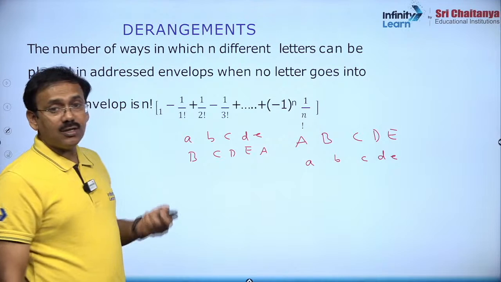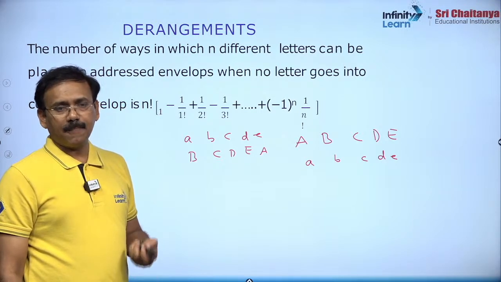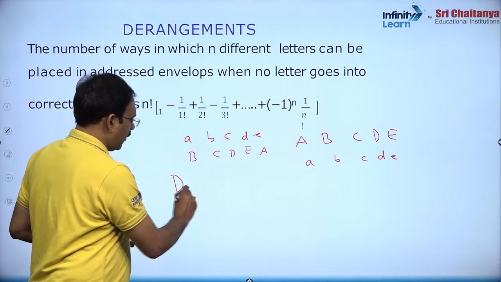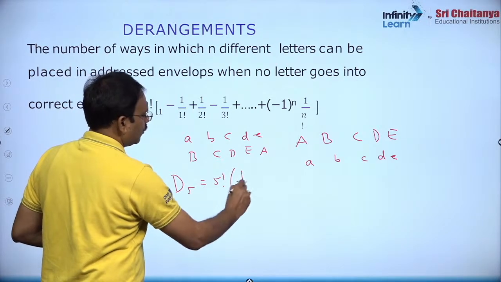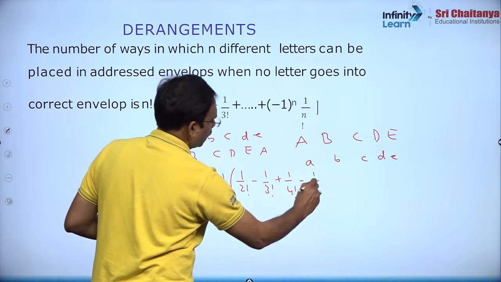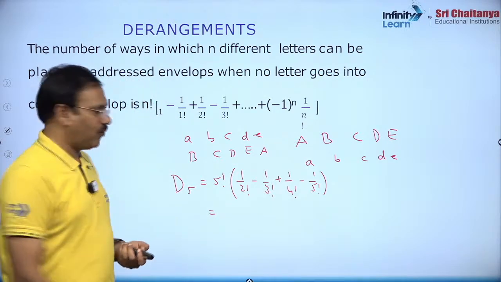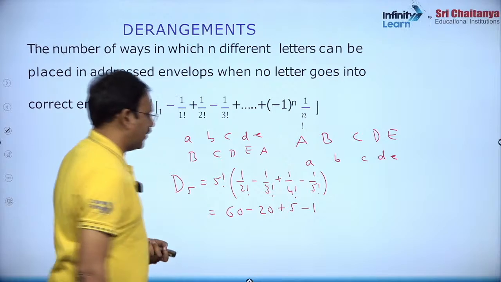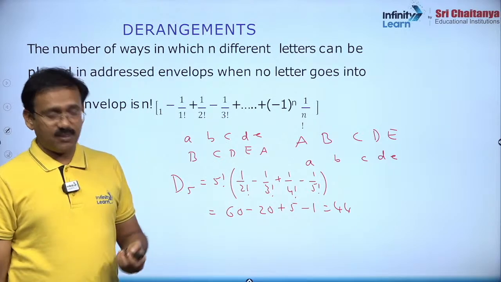So I want such arrangements where no letter goes into the right envelope. What do we call this? Right, we call it derangements. With the help of the principle of inclusion and exclusion, what can we write for D5? We can write 5 factorial into 1/2 factorial minus 1/3 factorial plus 1/4 factorial minus 1/5 factorial. So you see, 5 factorial by 2 factorial is 60, minus 20 plus 5 minus 1. So friends, 44 is the answer. We can write it like this. This is called derangements, children.